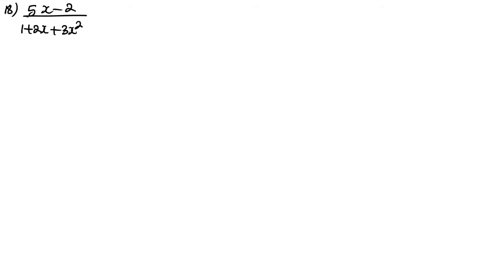See the next question. 5x minus 2 divided by 1 plus 2x plus 3x square. Clearly see, it is not in the form f dash of x by f of x. So it is in the form px plus q divided by ax square plus bx plus c.